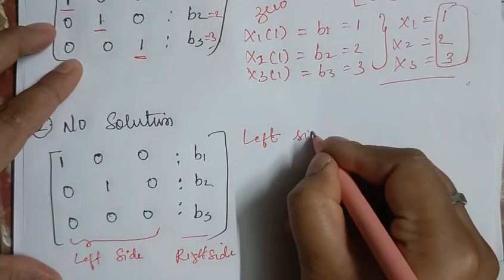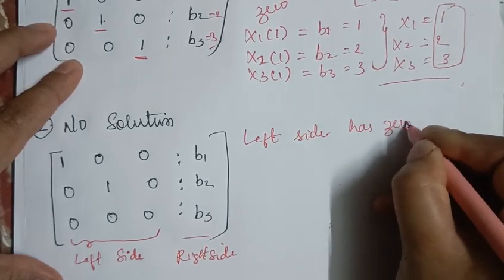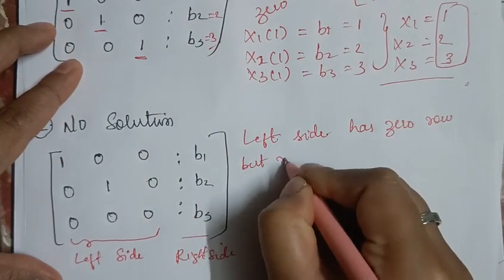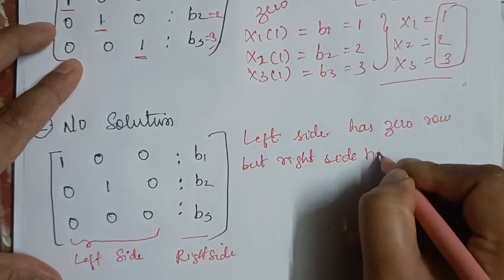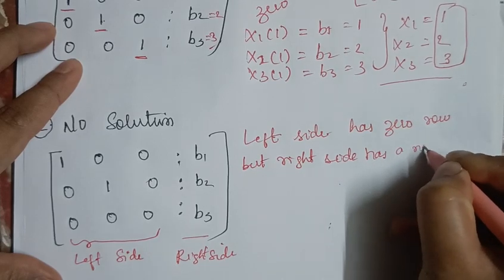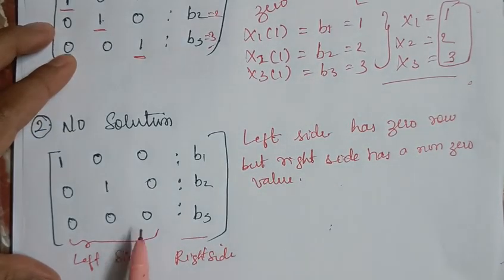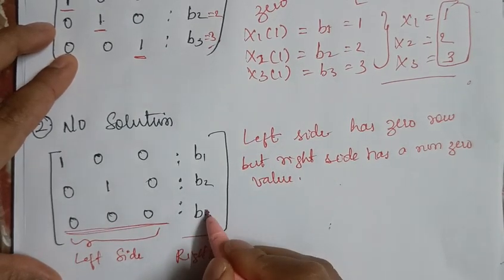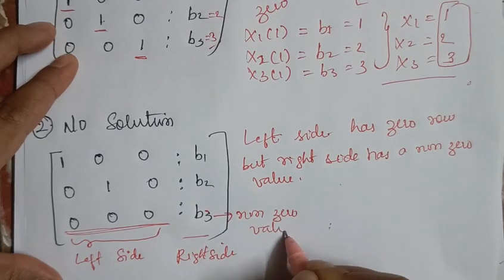So the left side has a 0 row, but the right side has a non-zero value. See, this is the 0 row I have, but here is some non-zero value.